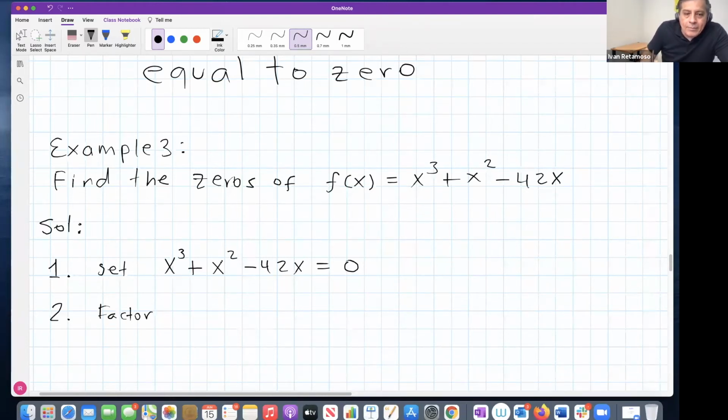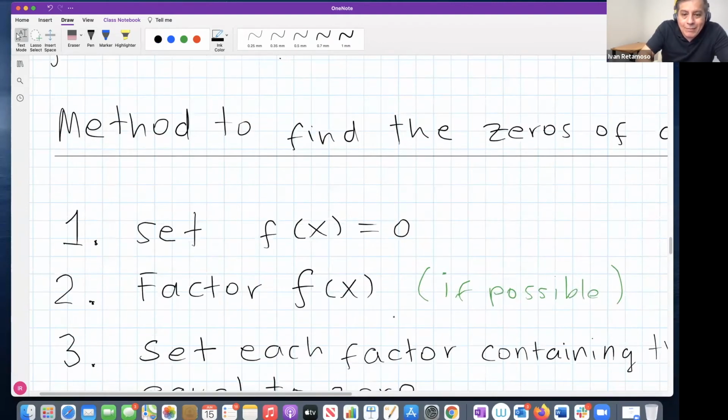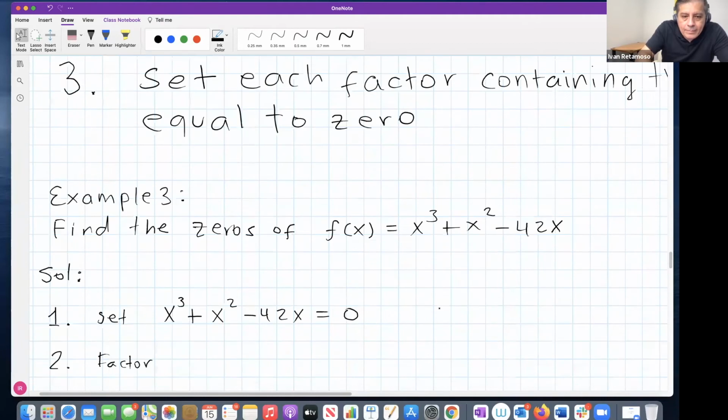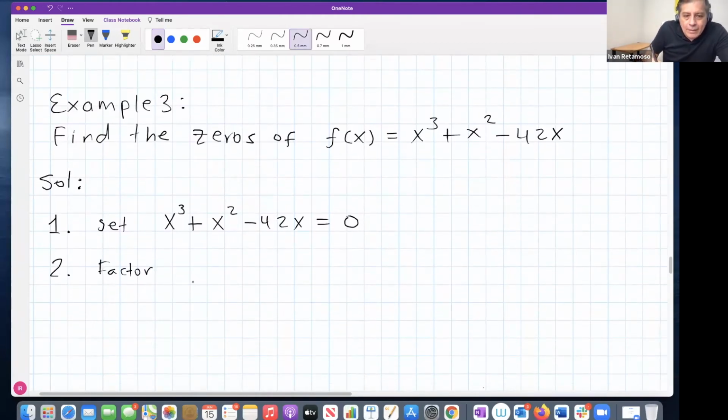Next step, remember, was factor. First, set the polynomial function equal to 0; second step, factor if possible. To factor, I want you to notice the following. This polynomial function contains the variable x in each term. The first term has an x, the second term has an x, the third term also contains x.